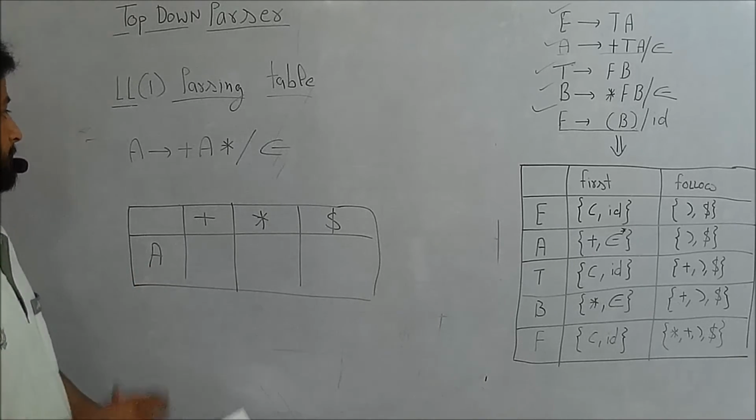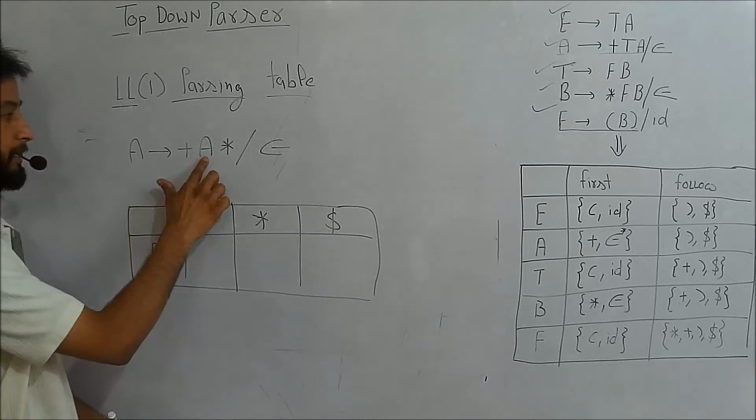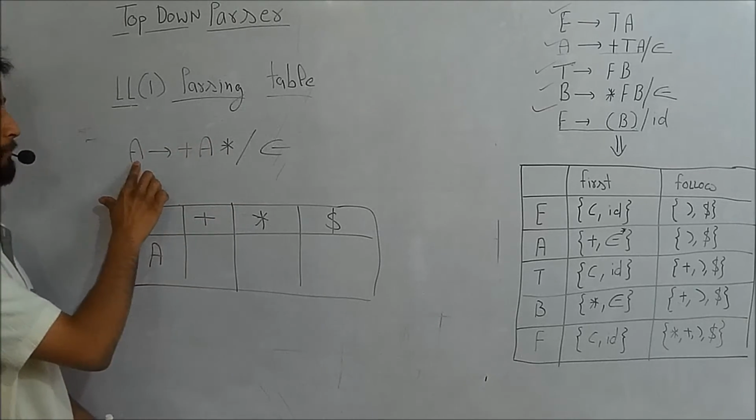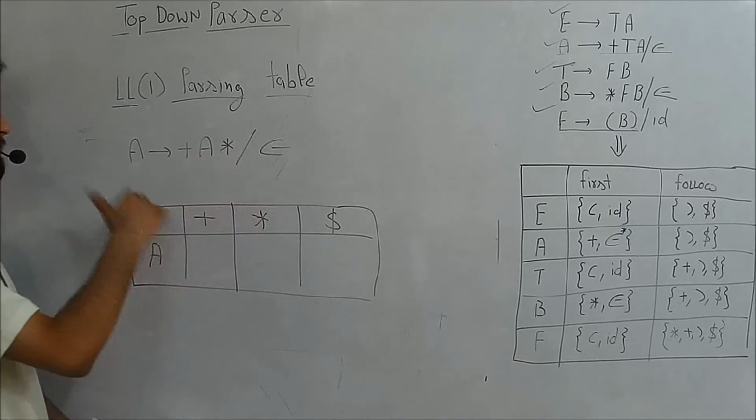So for the first production, A derives plus A star, I have to put that production under the first of this production.